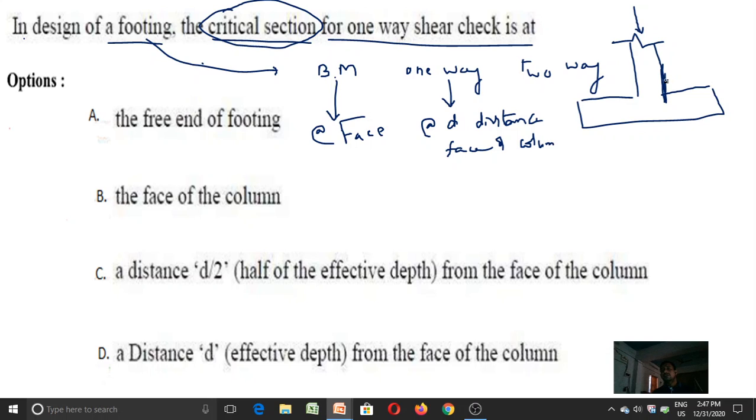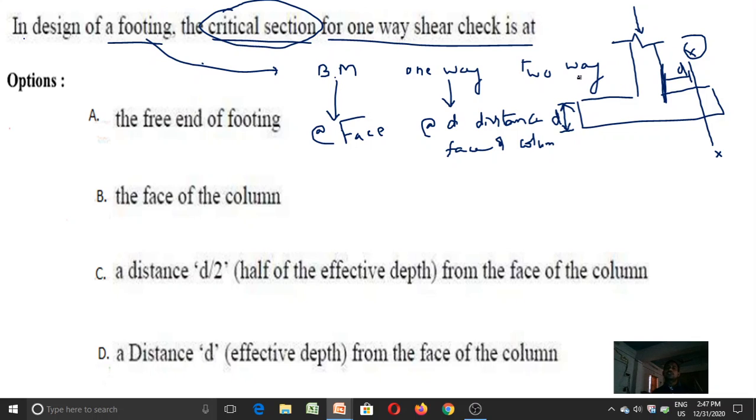This is the face of the column. And what is this d? This d is equal to the effective depth of the footing. So when we are checking the shear for one way, the critical section will occur at a d distance from the face of the column. So this XX will be the critical section.